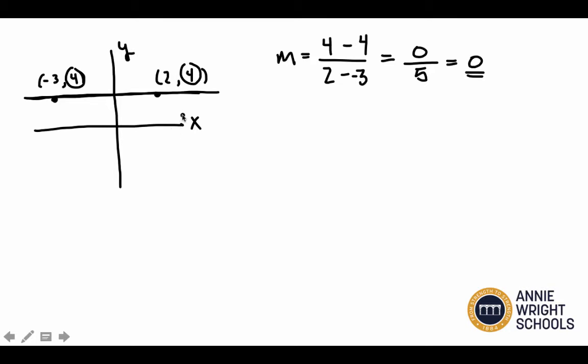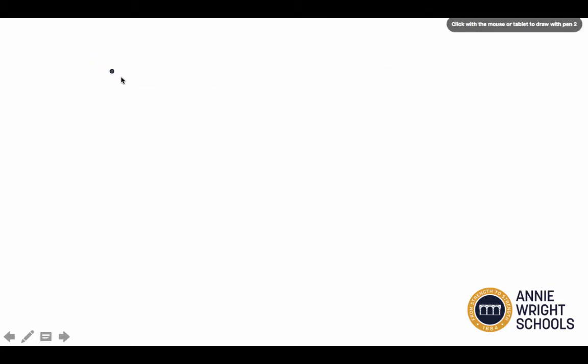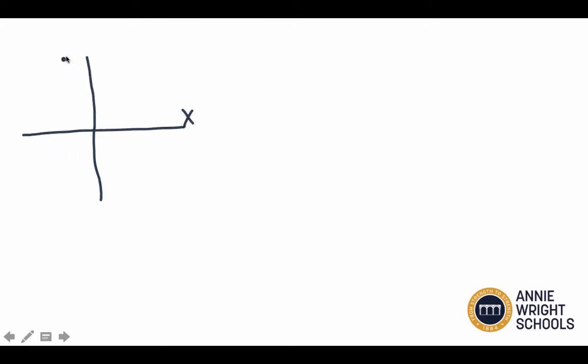Good? The other special case is when we have a vertical line. Again, if we take a look at the coordinate plane, this is the x-axis, this is the y-axis. I put a point here and a point here, and I draw a vertical line between those 2 points. For the same reason as with the horizontal line, but with different variables, the y-coordinate here would be positive, like 6, and the y-coordinate here would be negative, like negative 5.